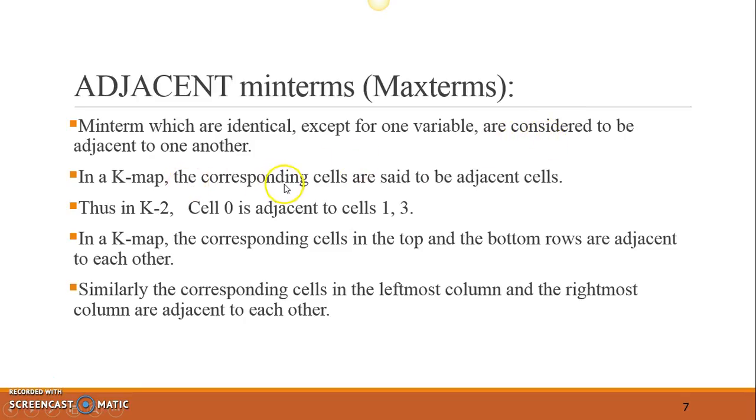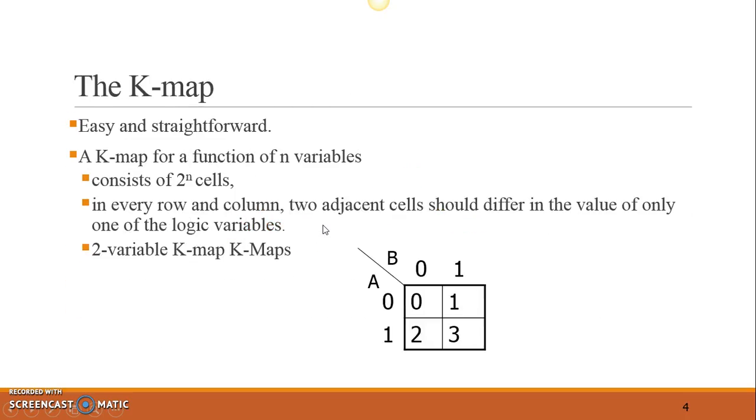In K-map, the corresponding cells are said to be adjacent cells if they have just a 1 variable difference. So for example, for the 2 variable map which we have learned earlier, this cell has adjacent cells this and this, which vary in just 1 variable. Here B is varying and here A is varying.